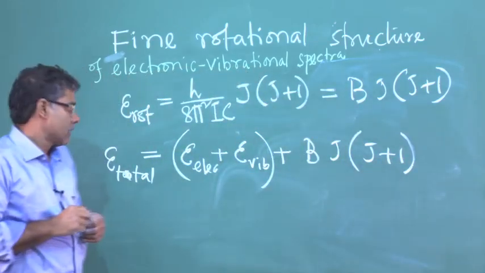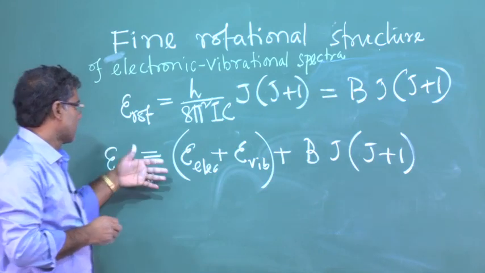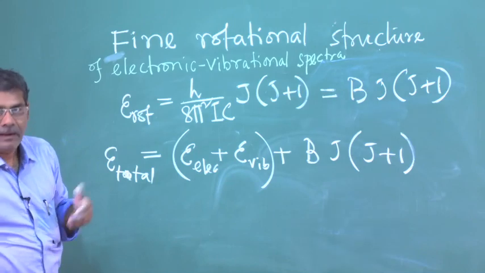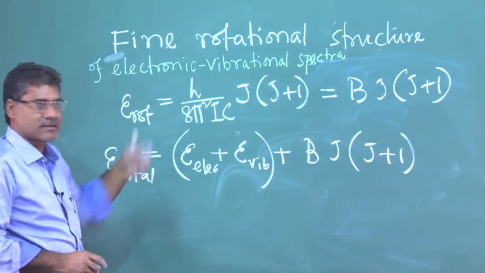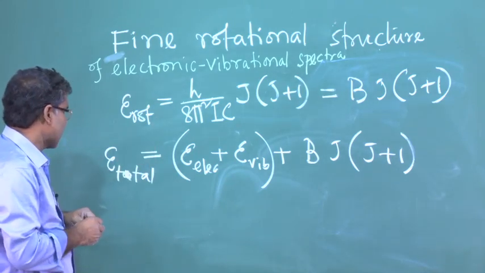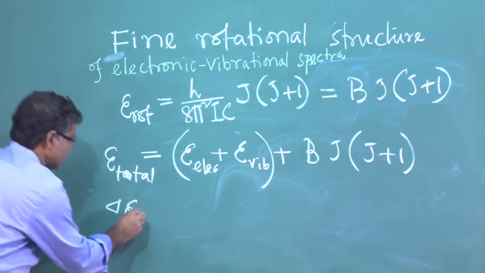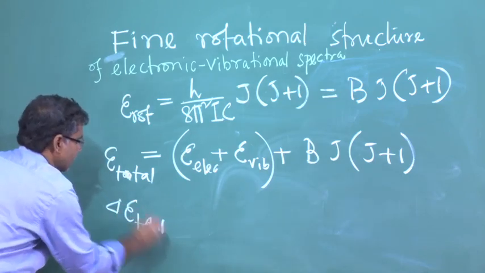Okay. Now, due to transition, the energy of the spectral lines is basically delta E total.